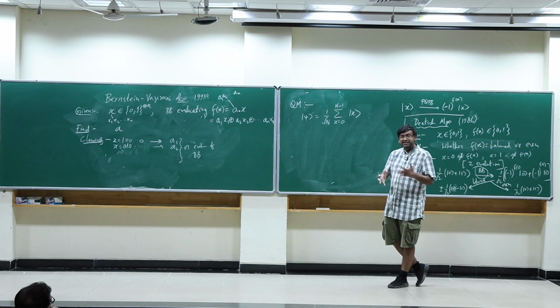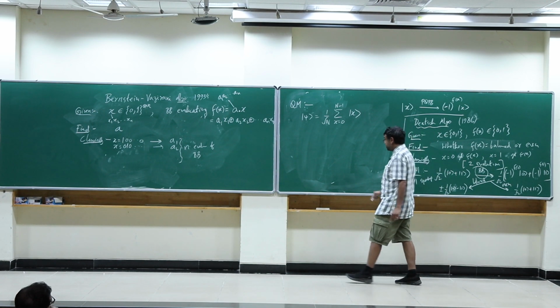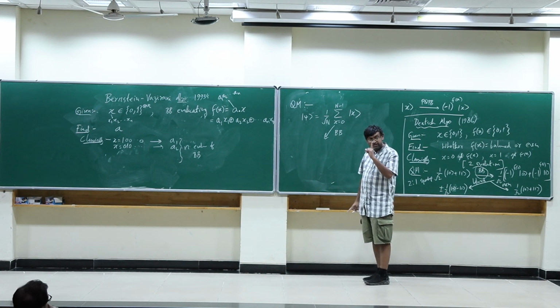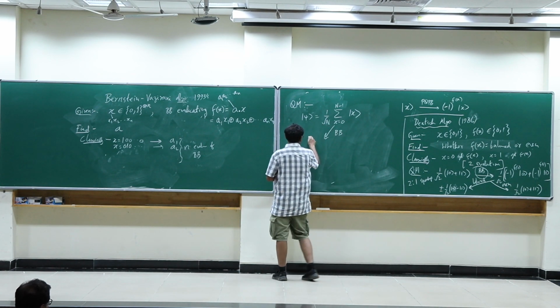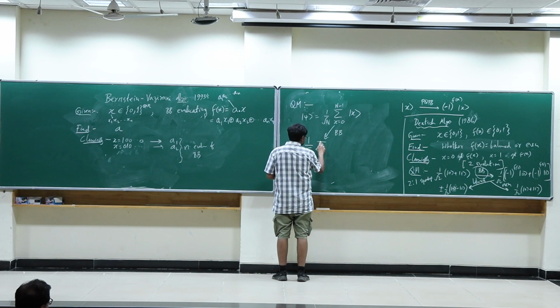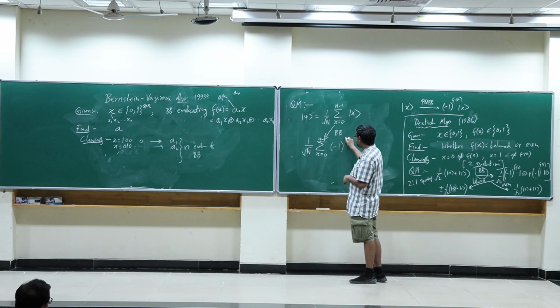In the new variational algorithms you don't necessarily do this. But then what you do is the black box evaluation of a dot x, just once. So this will go to 1 by root n, sum over x equal to 0 to capital N minus 1, of minus 1 to the power a dot x, then x.